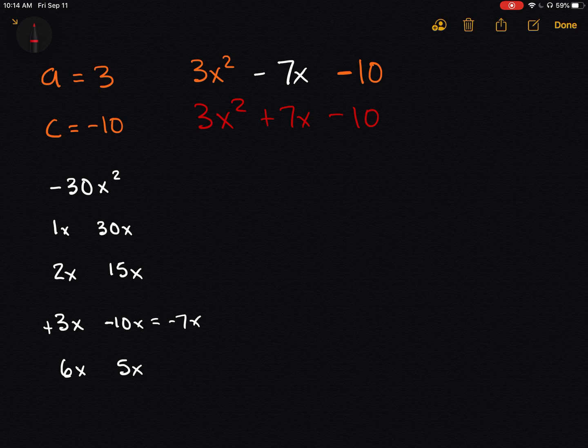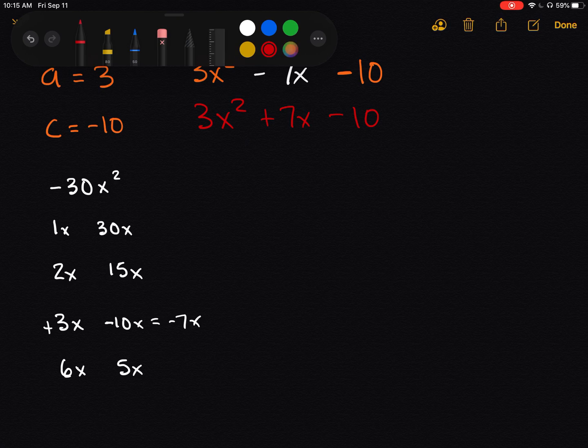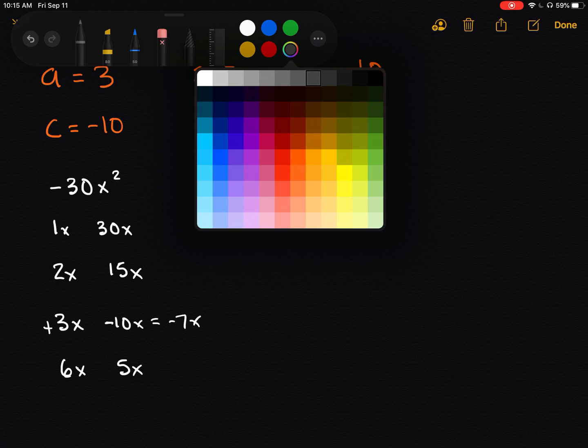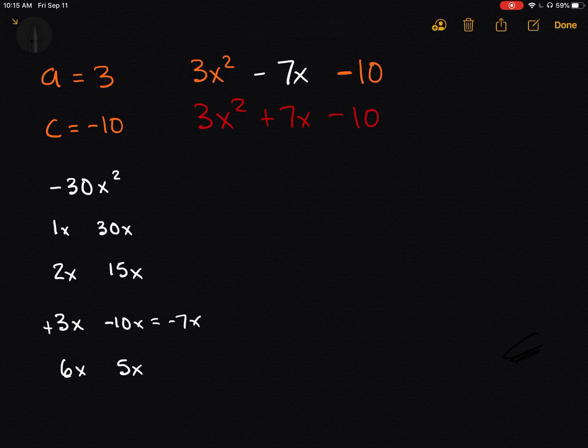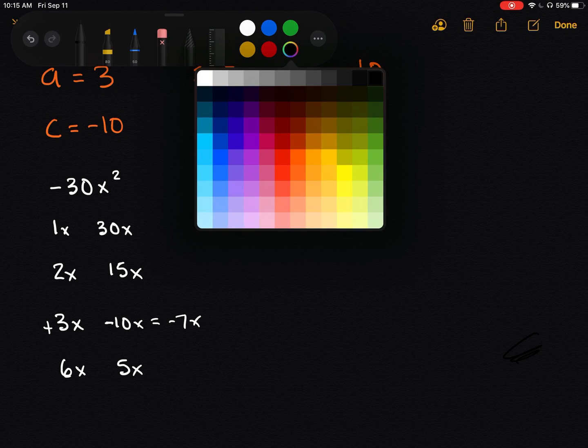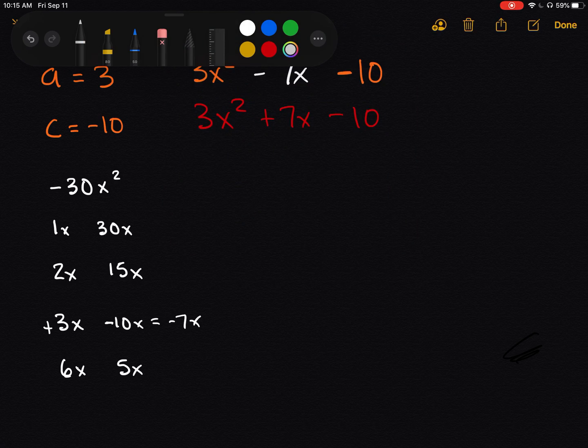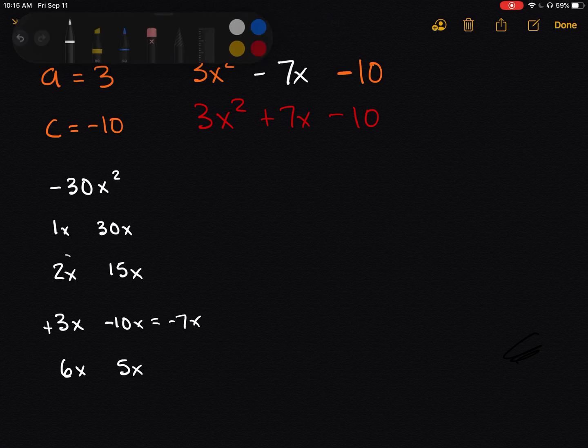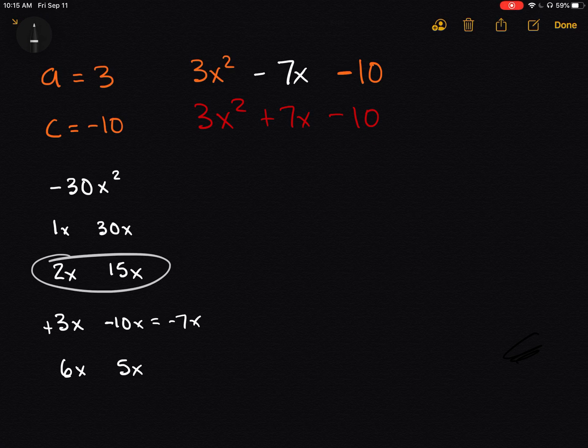Or say we chose 2 and 15. Then we'll make the 2 negative and the 15 positive. So that's going to equal 13x. So we could have 3x squared plus 13x minus 10. All of those are factorable.